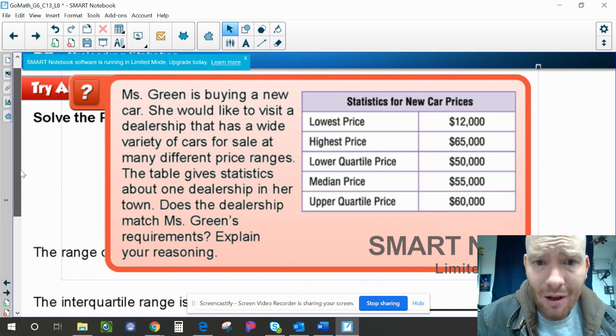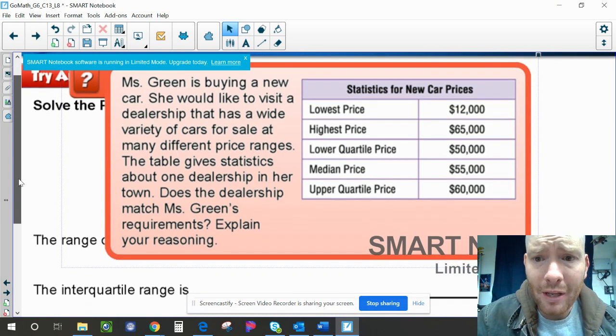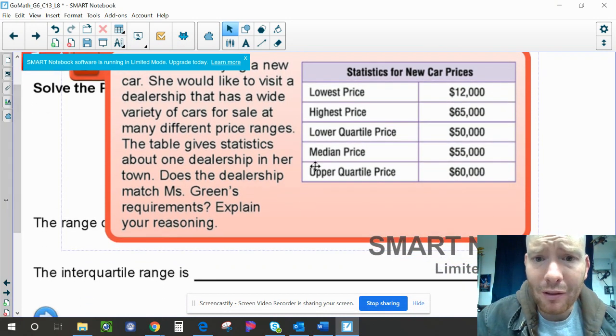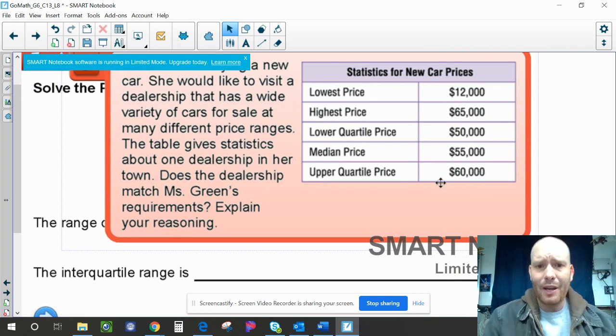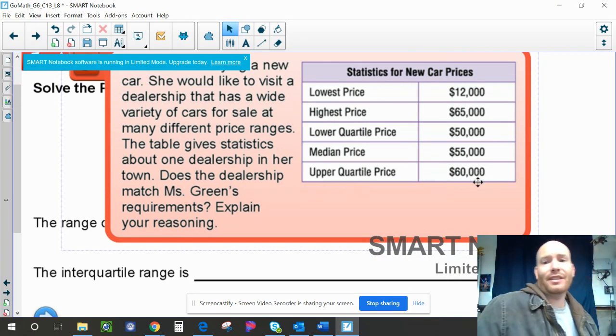We could also compare that with the upper and lower quartile just to make sure. So the interquartile range: we have 60,000 and the lower is 50,000. So that's about $10,000 in between. So all of these cars are between 50 and 60,000. 12,000 might be an outlier here.